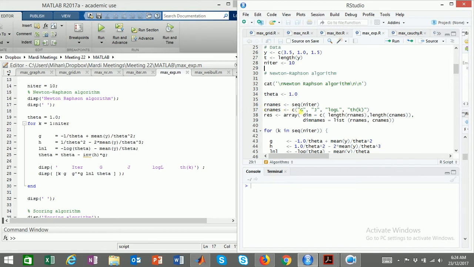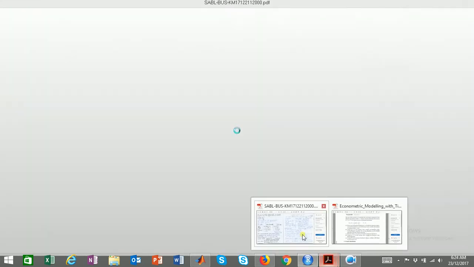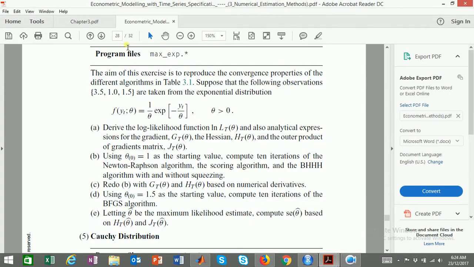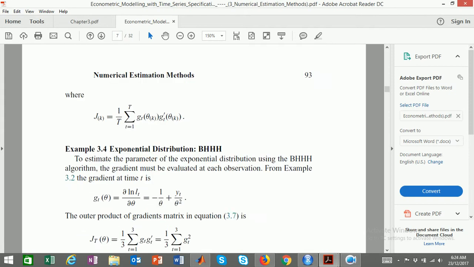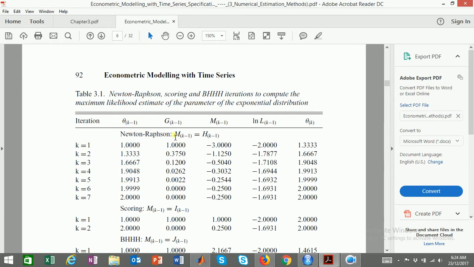Row names is sequence to number of iterations. This is an additional tweak. Column names is gj, log L, theta k.